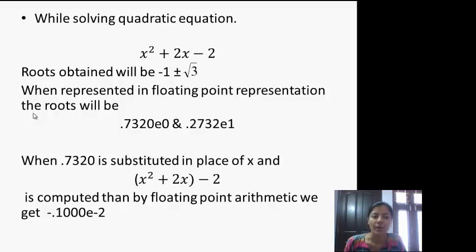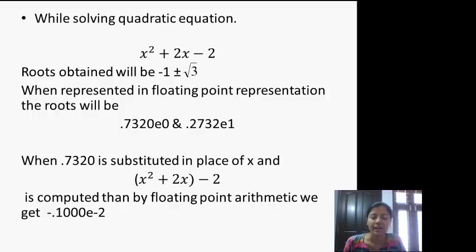When I substitute 0.7320 E0 in the equation, x square plus 2x minus 2, I compute x square plus 2 first. Then I get the value as minus 0.1000 e minus 2.